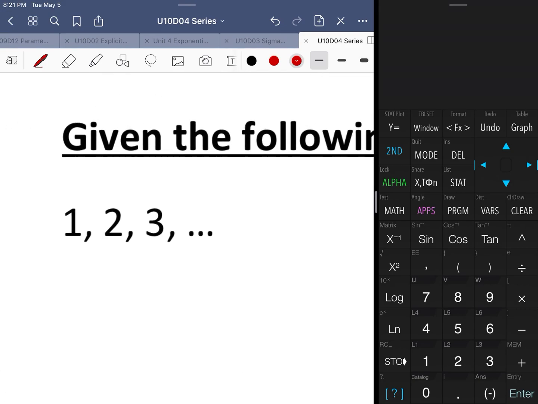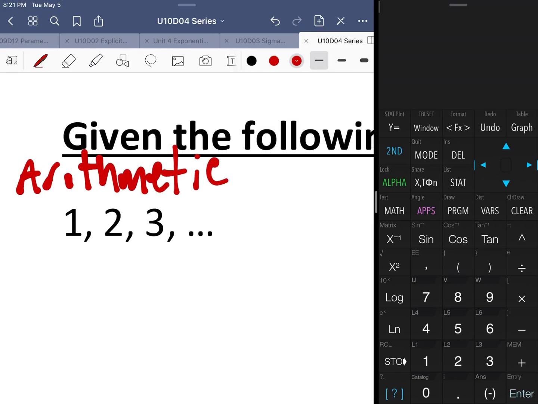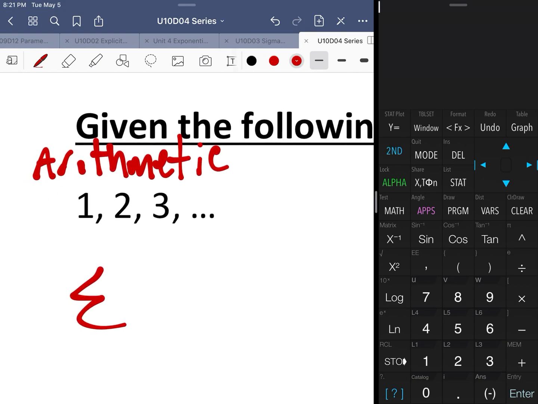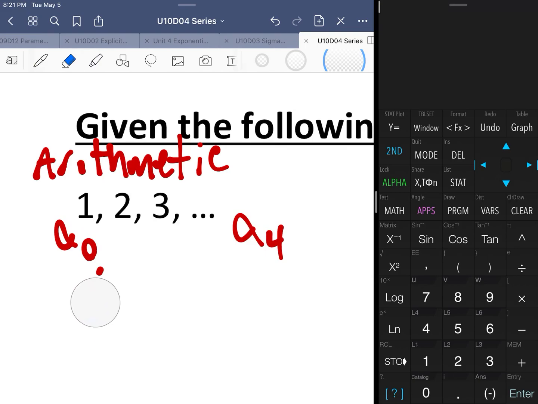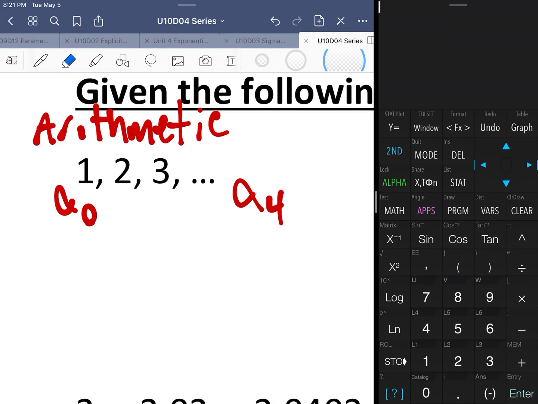Well, if we look at our sequence, we can see that this is an arithmetic sequence, which means we can write a summation formula for it based on the way it works. So we can write summation starting at term 0 up to term 4, because that's actually 5 terms.